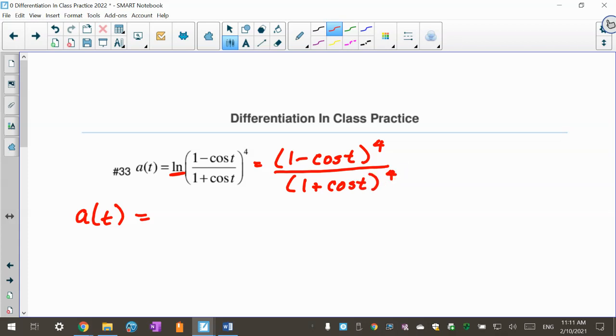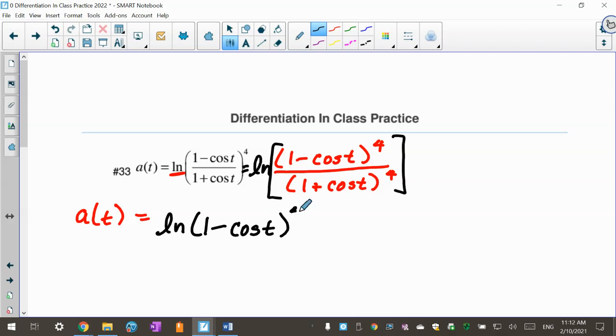Okay, so by splitting that up and raising them both to the 4th, and I forgot the natural log here, the natural log is already there. Then I know I can split this up with subtraction and then bring it down. So this is going to be the same as the natural log of 1 minus cosine of t to the 4th, minus the natural log, because I'm going to pull it apart with subtraction because there's division in there, 1 plus the cosine of t to the 4th.